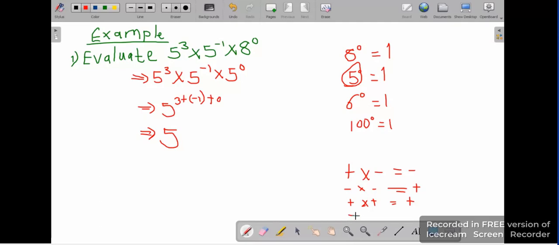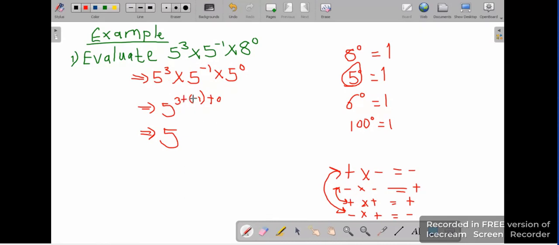And negative multiplied by positive gives us negative. So different signs give negative, and same signs give positive. These are the rules that we're going to use as well.